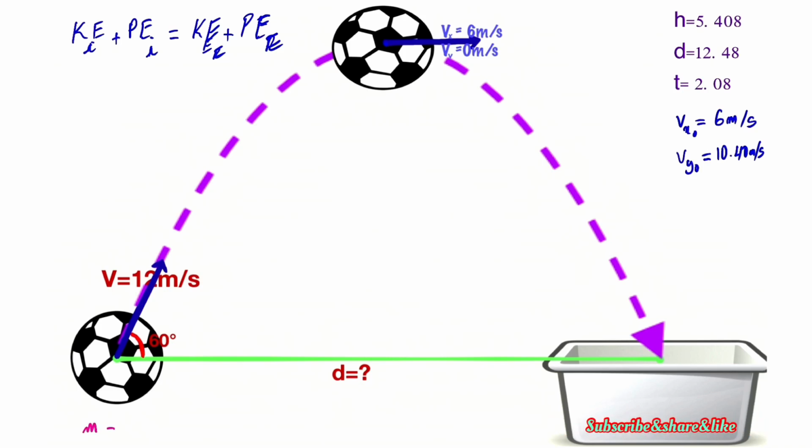M is 1 kilogram, because when it's going in the y-axis it doesn't depend on the mass. Whatever mass you put here and you send it with this velocity, it is going to arrive at this point no matter how many kilograms it has. That doesn't depend on the mass.